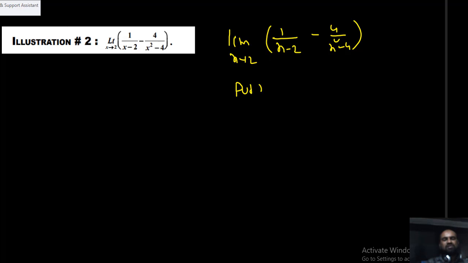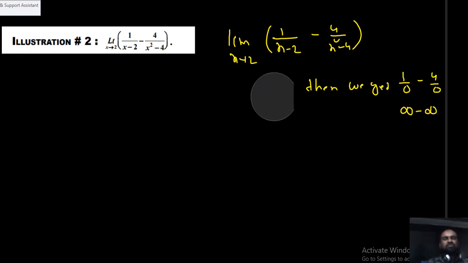Okay, put x is equal to 2, then we get 1 by 0 minus 4 by 0, means infinity minus infinity form, which is an undetermined form, means directly you can't find the limit by using direct substitution.